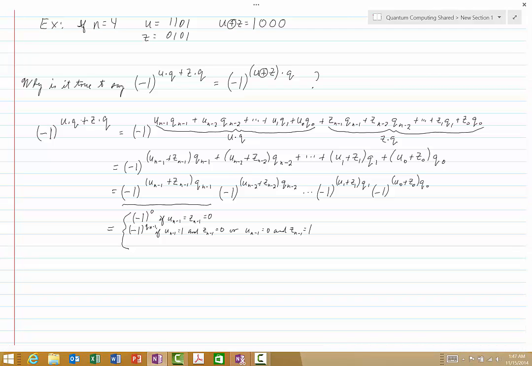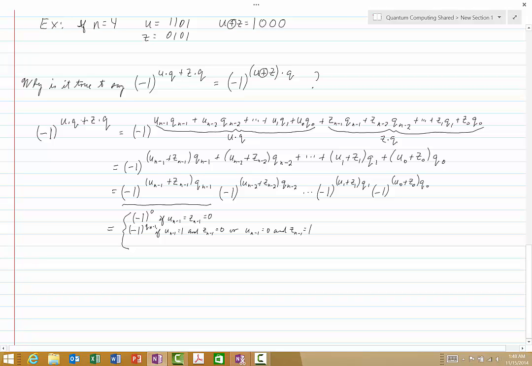And that's pretty clear, no real magic there, because if this sum is equal to 1, then this is negative 1 to the 1 times q_{n-1} power, or negative 1 to the q_{n-1}. The parenthetical term can be equal to 1 if u_{n-1} is 1 and z_{n-1} is 0, or if u_{n-1} is 0 and z_{n-1} is 1. But now the interesting observation comes in this last case where they could both be 1.